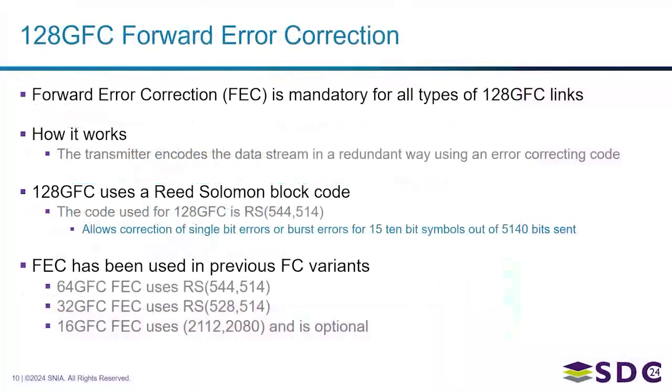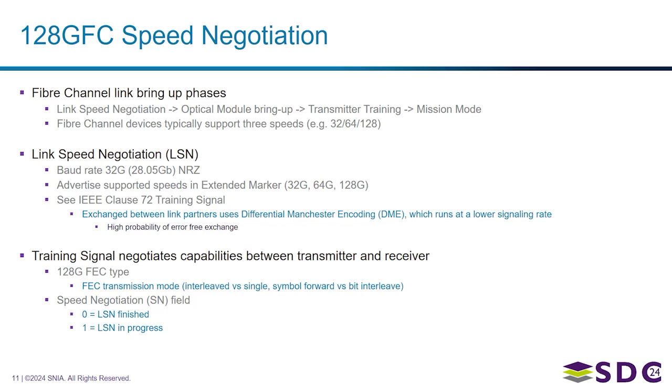But you can see that at 32 gig, we move up in the number of symbols that we're able to correct. And then at 64 gig, we make yet another step. 64 and 128 use the same technique, but a different interleaving, if you will. And that's a mechanism that provides us with the opportunity to have a more enhanced forward error correction methodology.